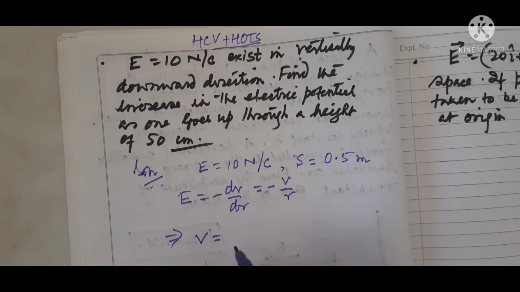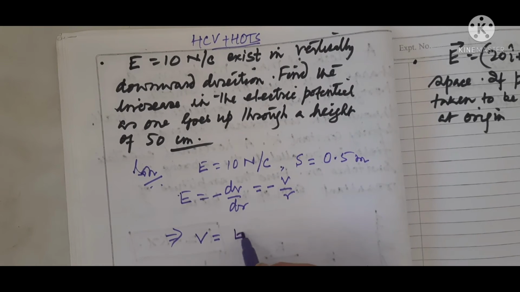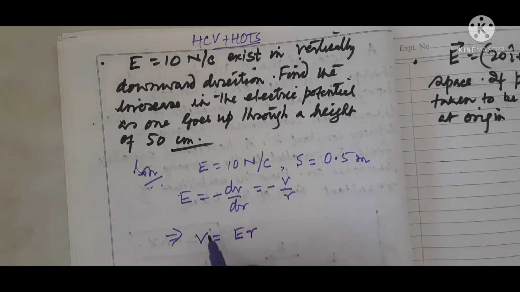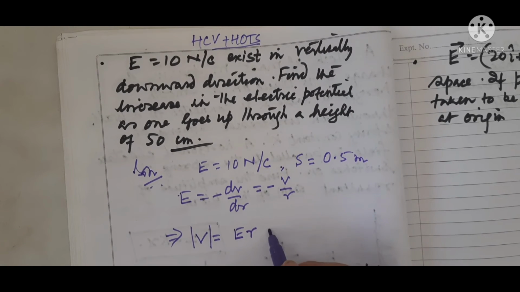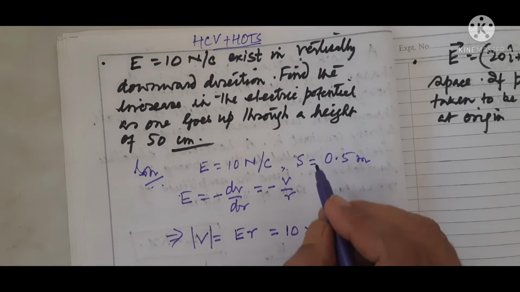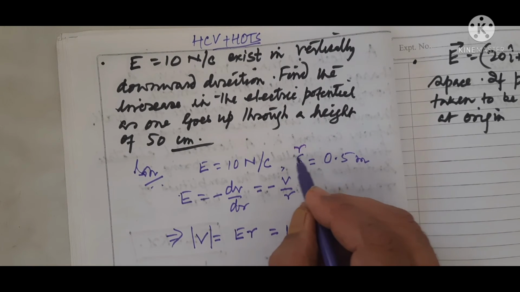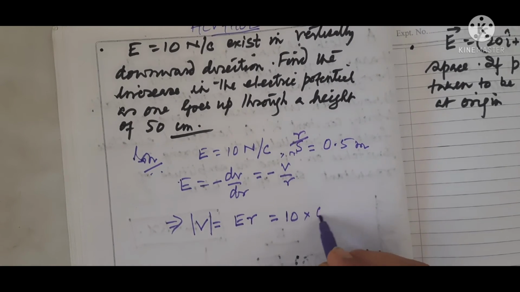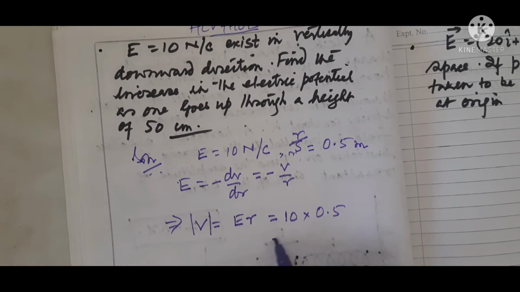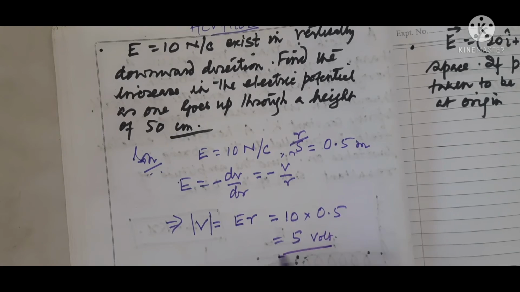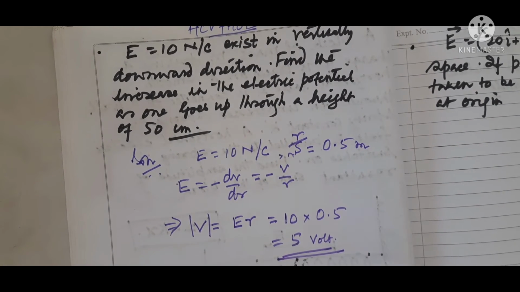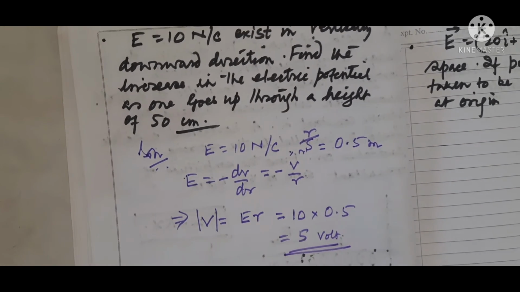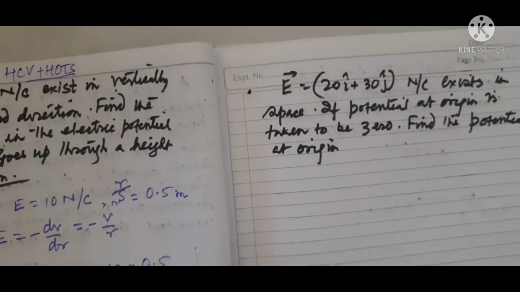Taking the magnitude, E is 10 into r, the distance, which is 0.5. That is 5 volt. That is your answer. Right? Other question.